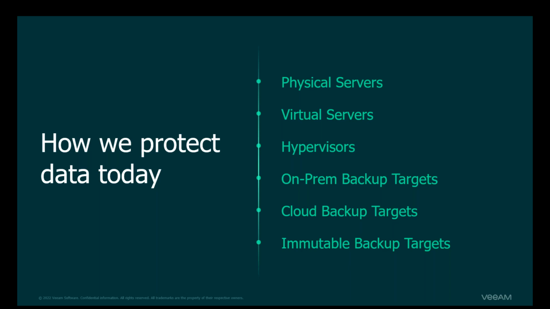You may have different hypervisors. You have on-premises backup targets. At times, the targets can be on cloud, be it on premises or off premises. The targets are either immutable or non-immutable.